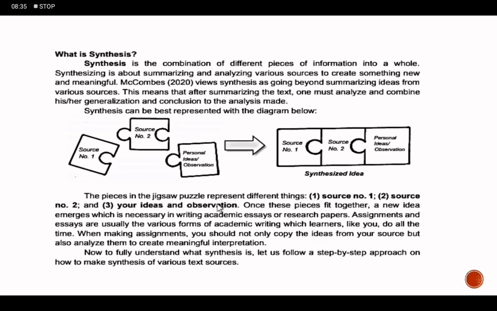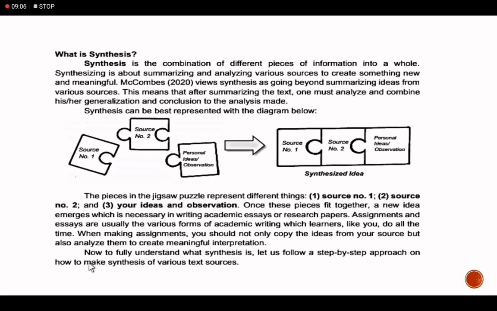Yet, when they are combined together, these pieces fit together and a new idea emerges which is necessary in writing academic essays or research papers. When making assignments, remember this, guys, you should not only copy the ideas from your source, but also analyze them to create meaningful interpretation.